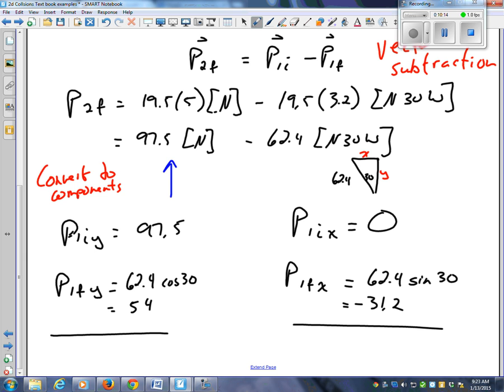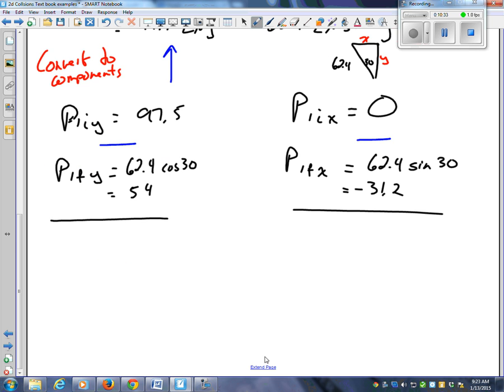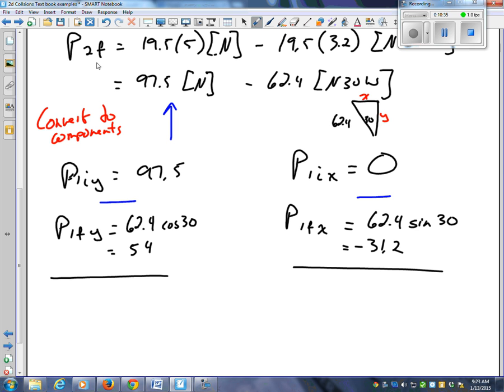Okay, now remember, what are we doing here? Subtracting. I'm subtracting this vector from this vector, right? So it's going to be 97.5, subtract that, and 0 minus that. And that's going to be my P2F. So P2FY is going to be 97.5 minus 54.